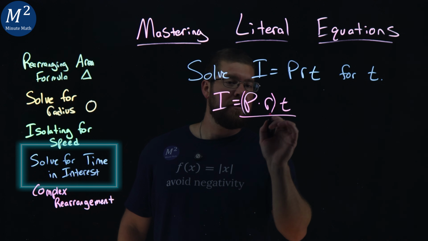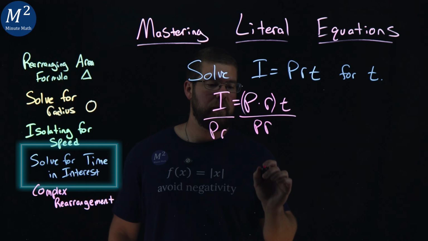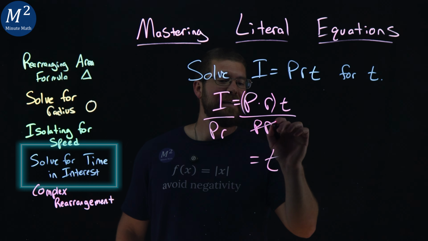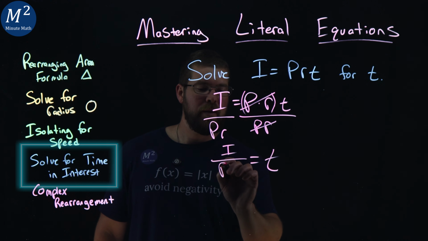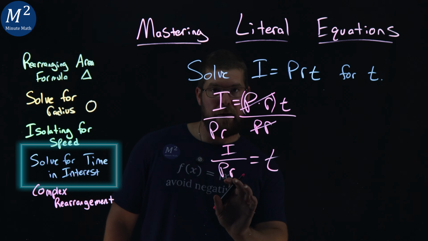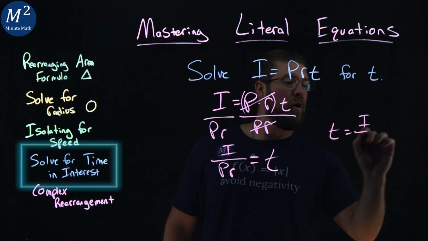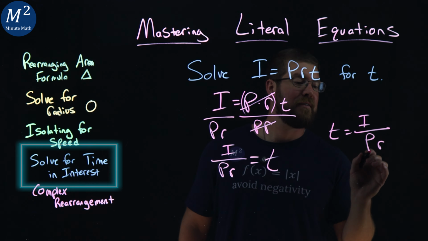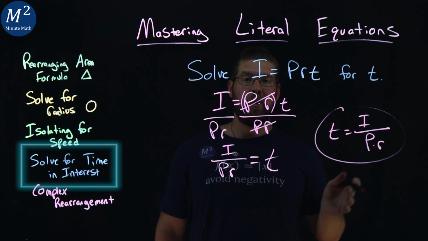So I'm going to divide here the PR to both sides of the equation. T is by itself, and I have I over a PR now. Well, T is already by itself, so we have T equals I over a P times an R, or PR. And so T is equal to I over PR.